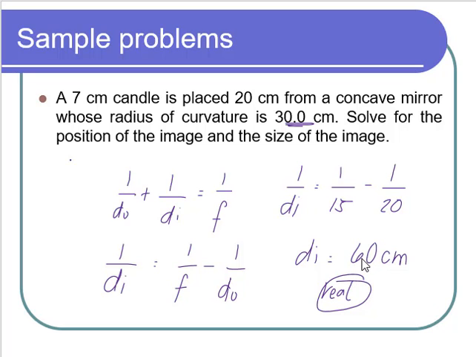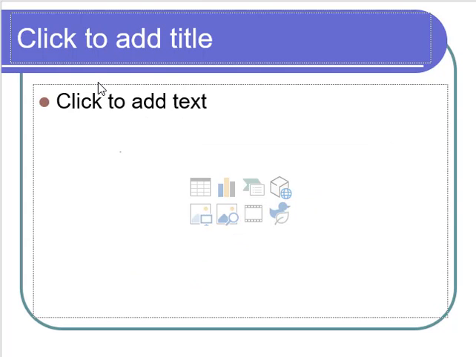Then next is to solve for the size of the image. We now have an equation wherein magnification is equal to negative di over do, but that is also equal to positive height of the image divided by height of the object. So we can use this expression because we don't have the magnification, so we can use this since we have the di, do, and then also the height of the object.